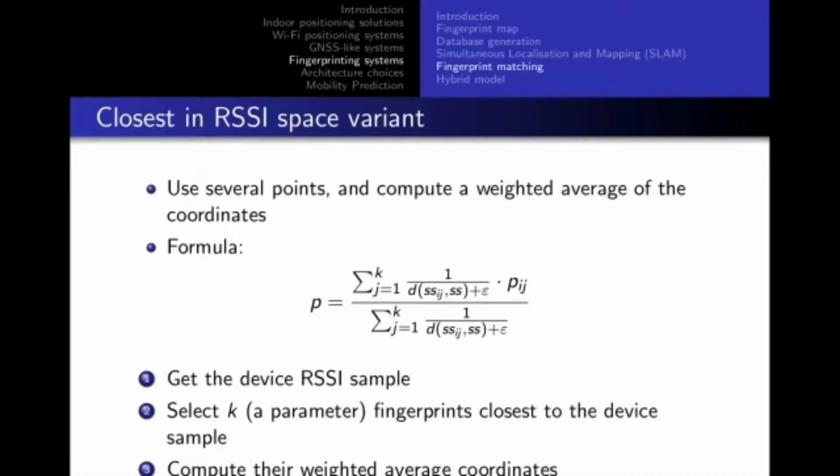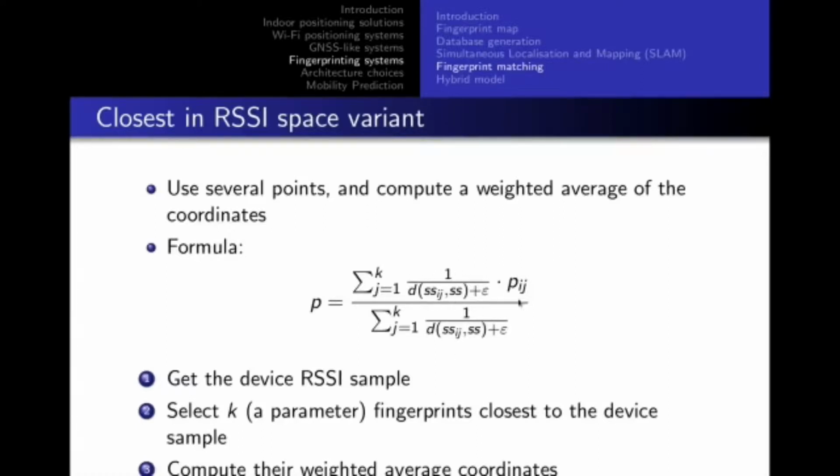We also have a closest in RSSI space variant, so instead of only using one closest point, we use several closest points, and we compute a weighted average of the coordinates. So the formula is here. You have all the points selected, so it might be 3, 4, maybe 5, but not too many points.